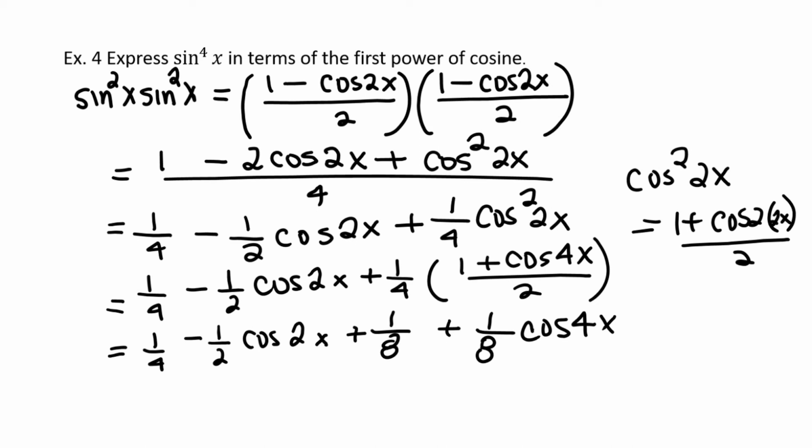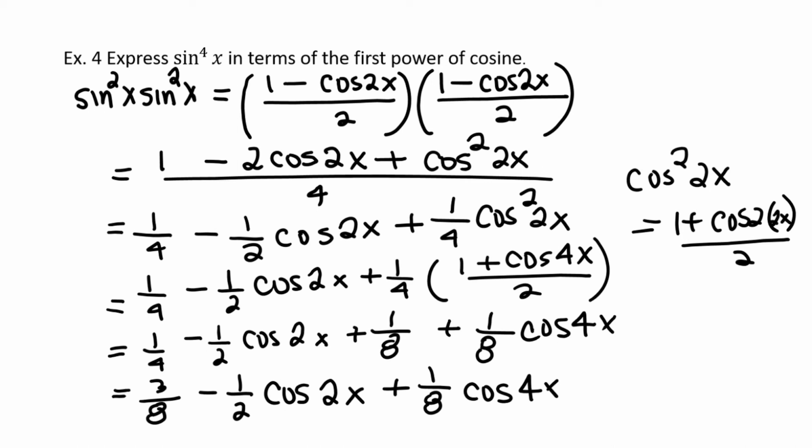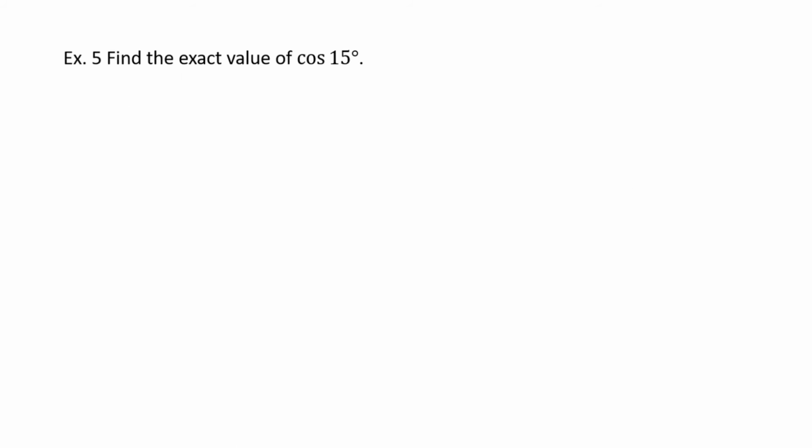So the only thing left to do is add 1/4 and 1/8, which will give us, let's see, a common denominator of 8 for 1/4 would make it 2/8. So 3/8 minus 1/2 cosine of 2x plus 1/8 the cosine of 4x. And now we have expressed sine to the 4th of x in terms of the first power of cosine.